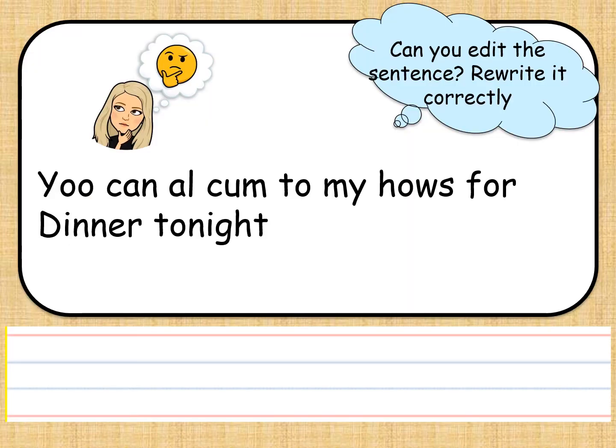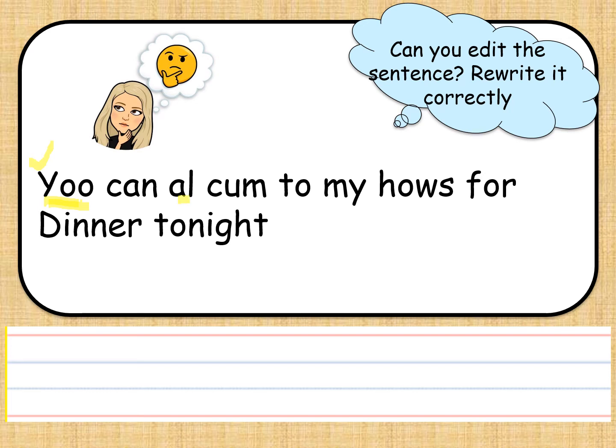So I've written a sentence here and I'm going to read it to you. It says, you can all come to my house for dinner. Now I have a capital letter at the beginning of my sentence, but I think there's something missing at the end. See if you can pick that up. And when I'm looking at these words like you, now that sounds right, but that does not look right.